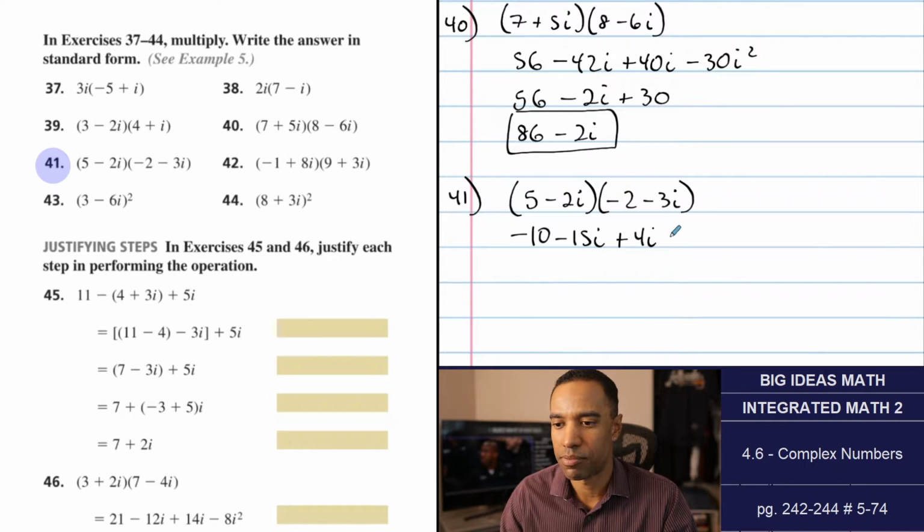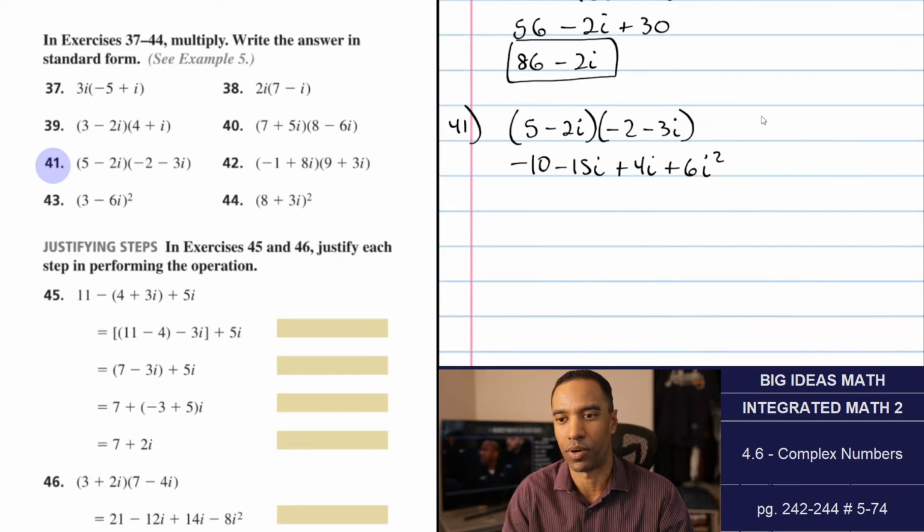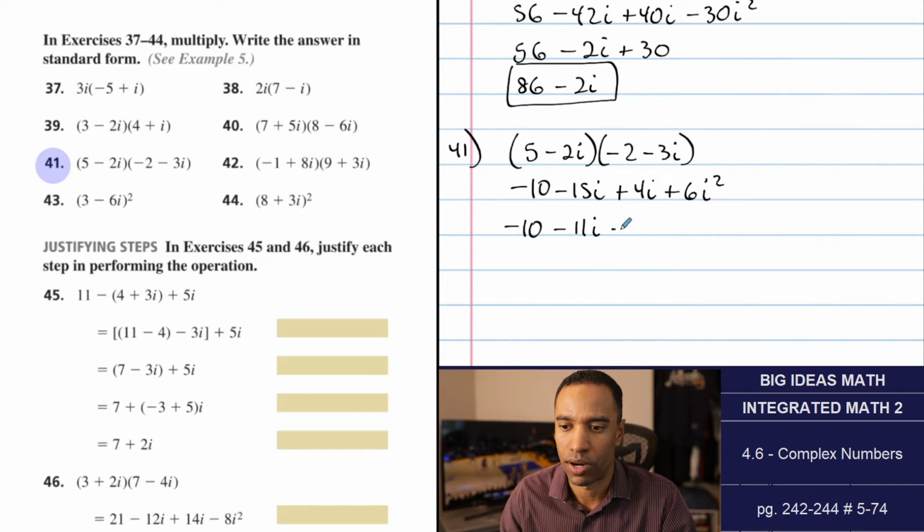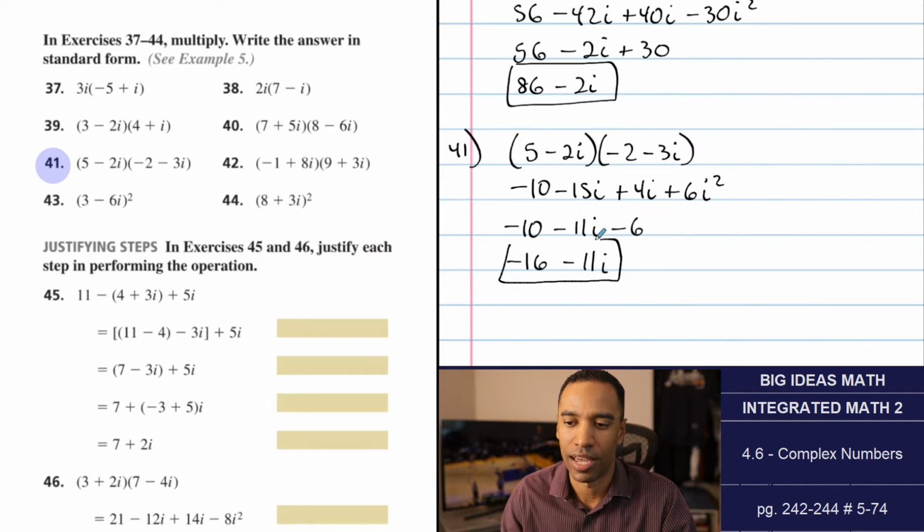And negative 2i times negative 3i is positive 6i squared. Students often forget to do the i squared, just like with x squared. You cannot forget the i squared here. This will become a real number. So this becomes negative 10. Negative 15i plus 4i is negative 11i. And 6i squared is negative 6. Negative 10 minus 6 is negative 16. We have negative 16 minus 11i.